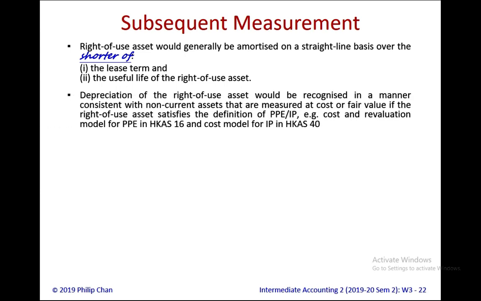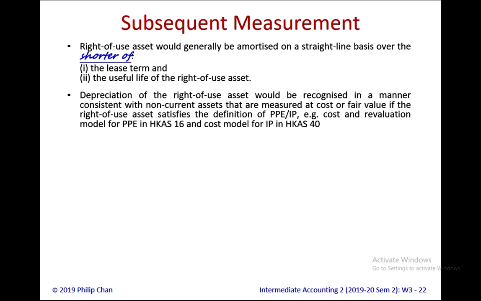And the depreciation of the right of use asset to reflect the use of this asset will be recognized in a manner consistent with a non-current asset, measured at cost or fair value, depending on whether this right of use asset satisfies the definition of PPE or IP.